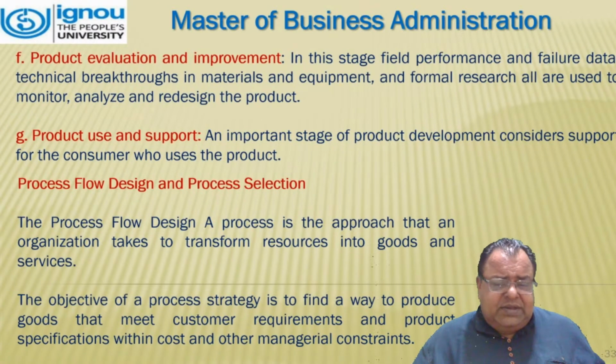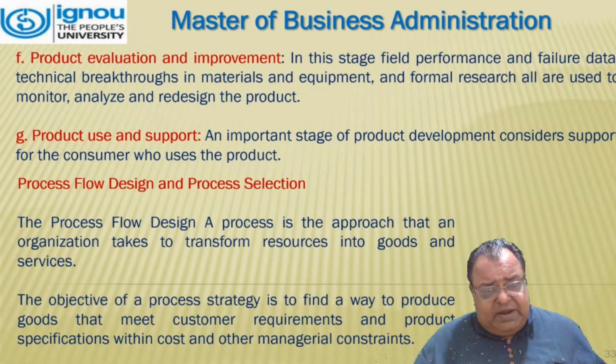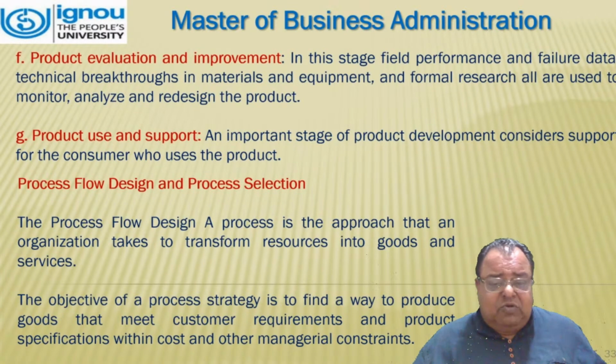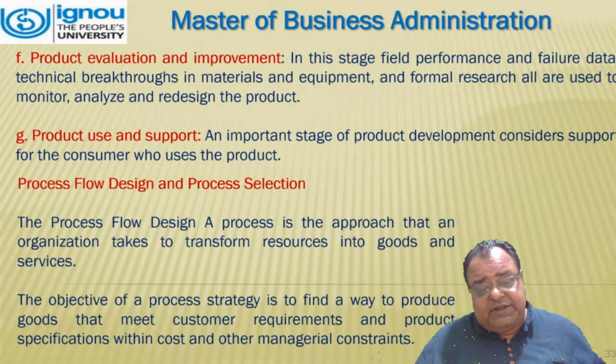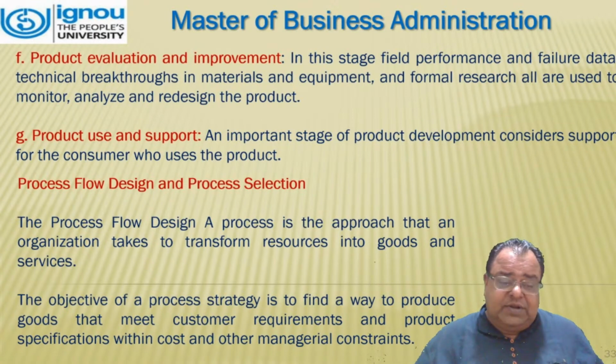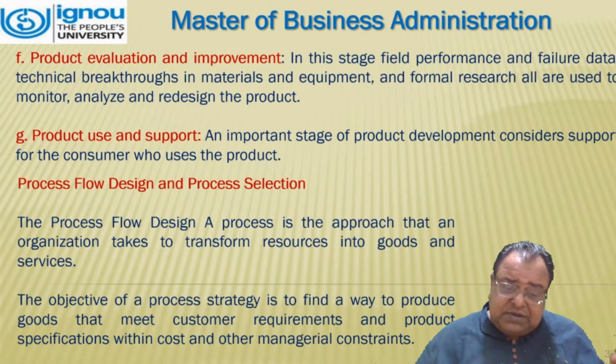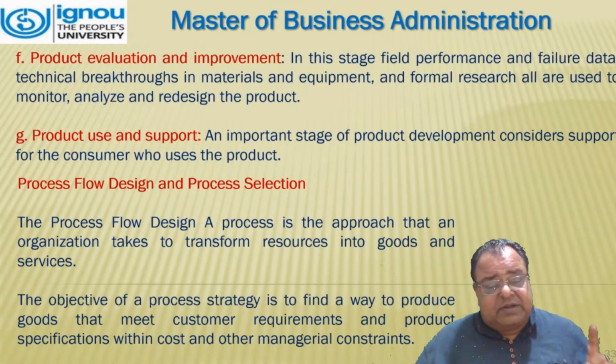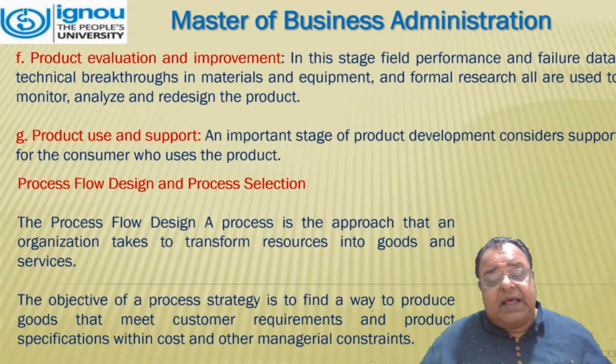A process is the approach that an organization takes to transform resources into goods and services. The objective of process strategy is to find a way to produce goods that meet customers' requirements and product specifications within the cost and other managerial constraints.